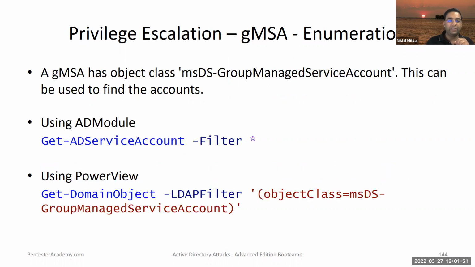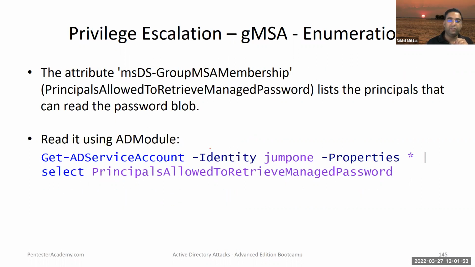So when we run the previous command, Get-ADServiceAccount with the filter, we will find out that there is a GMSA called jump1 in the target environment. And when we run this command, we will get to know who all are the principals who can read the password blob.